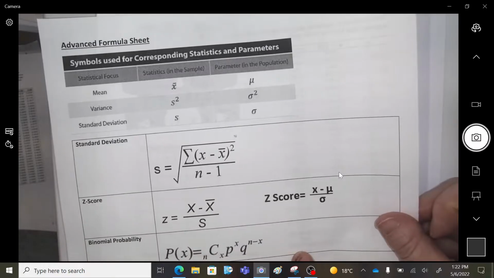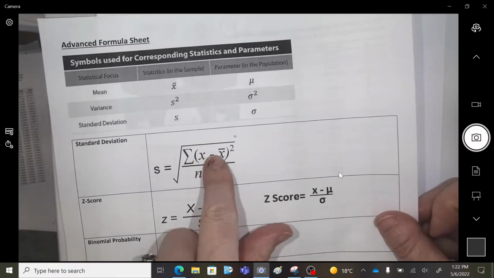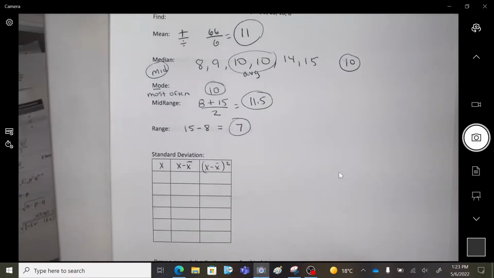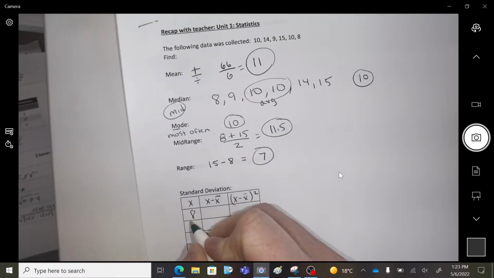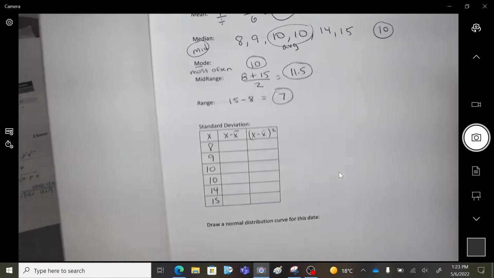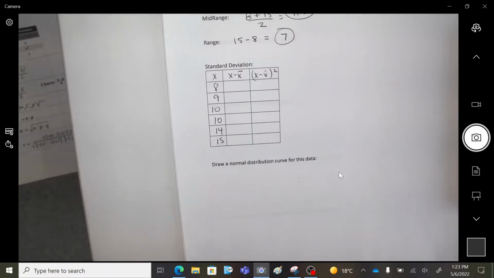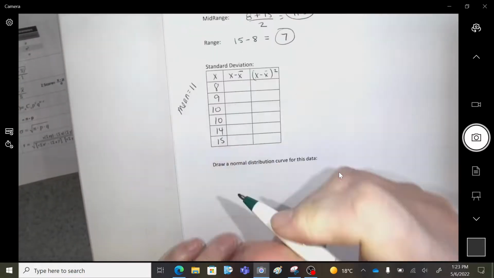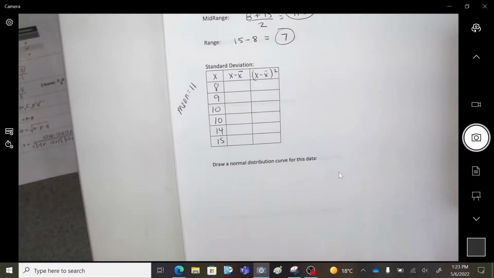I need to figure out the sum of x minus mean squared. Okay, so my x values were 8, 9, 10, 10, 14, 15. And we already figured out our mean was 11 from above.